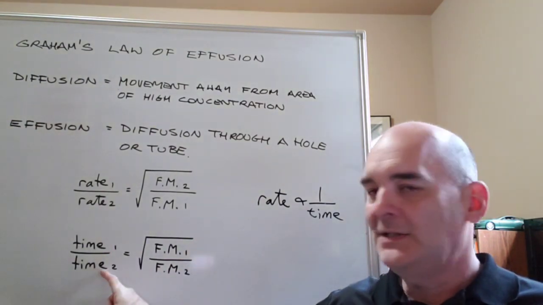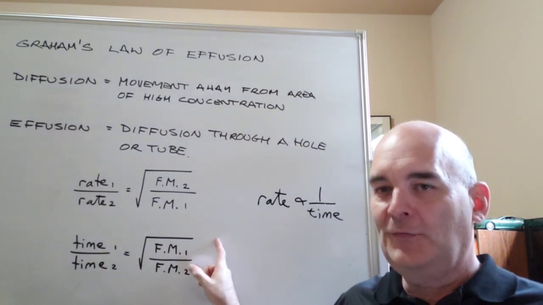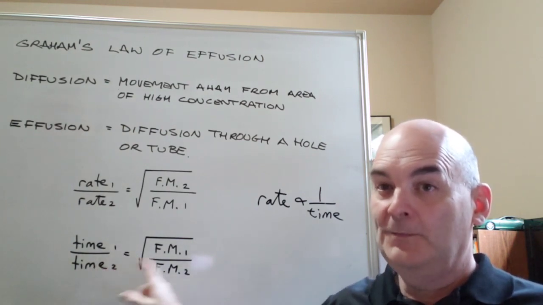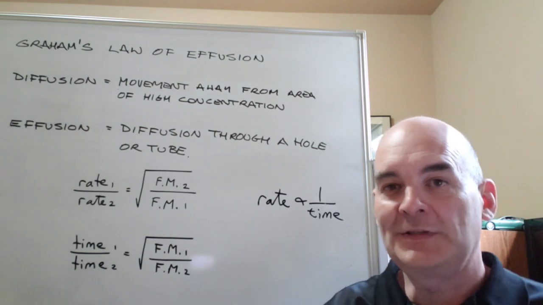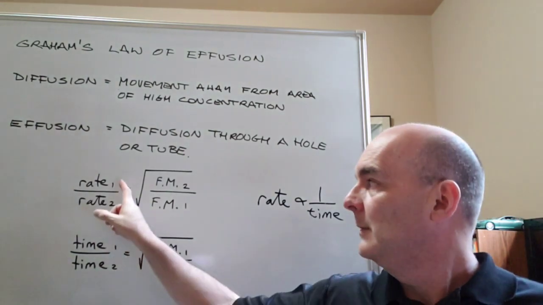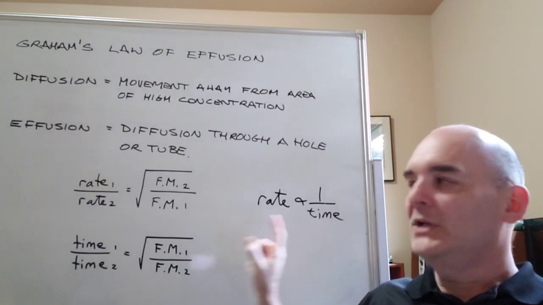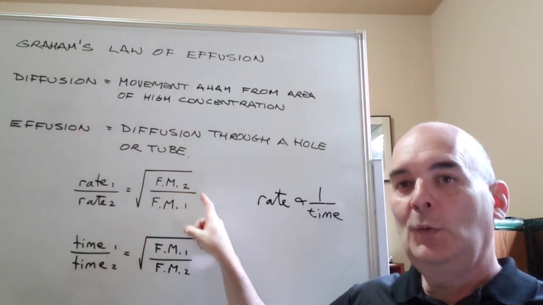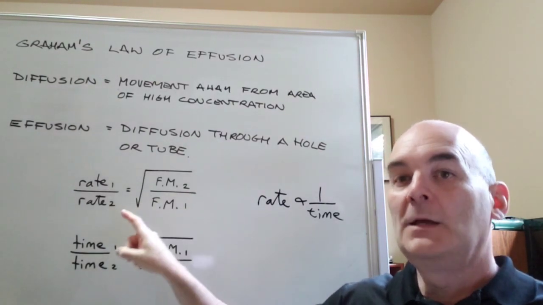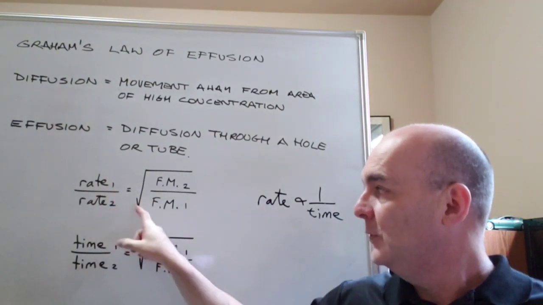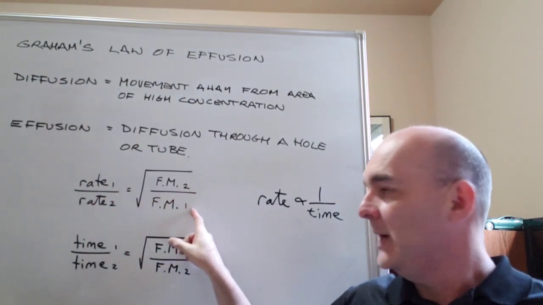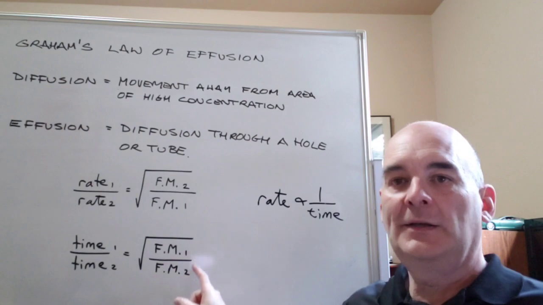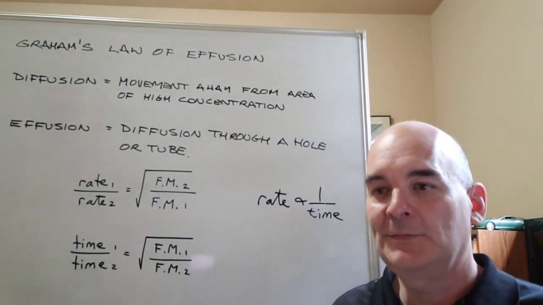So time 1 divided by time 2 equals root of formula mass 1 divided by formula mass 2. If it's in terms of rate, because rate is the inverse of time, 1 over 2 in terms of rate gives you formula mass 2 over 1. Again, rate 1 divided by rate 2 is the root of mass 2 divided by mass 1. Time 1 divided by time 2 is the root of mass 1 divided by mass 2. That's Graham's law of effusion.